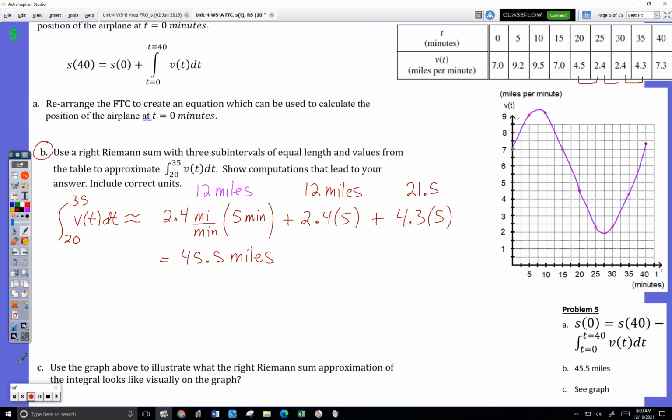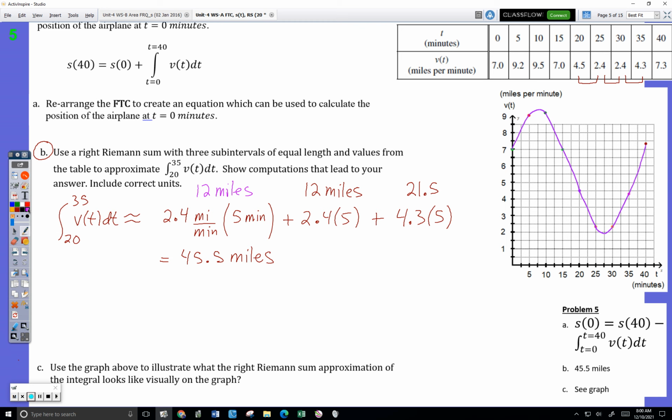I'll draw it on the board here. That's kind of hard to check everybody if it takes too long. Okay, look. Here's a good way to mentally make sure you're thinking correctly.